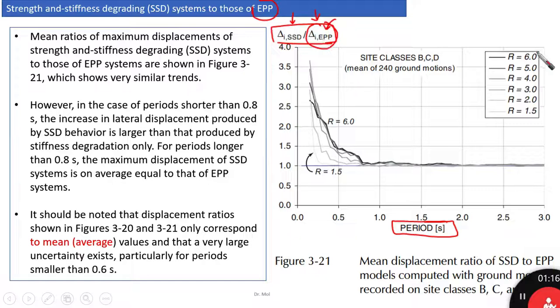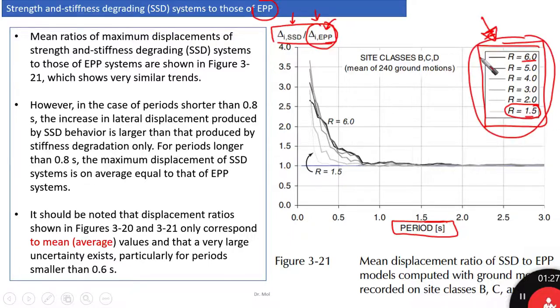In this case we are using different ductile systems, starting from response modification factor 1.5 ending with 6. So it covers most systems, and it is for site classes B, C, and D. So we have 3 different site classes, and we are using the mean of 240 ground motions. This is the graph that is being used here.